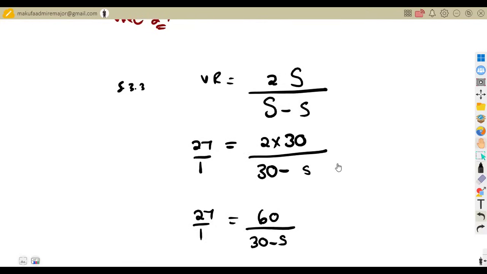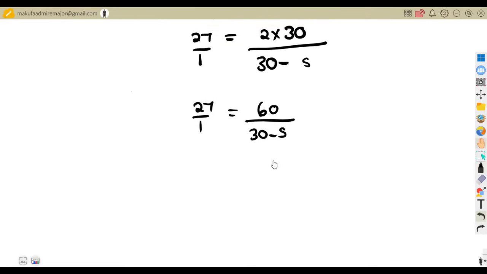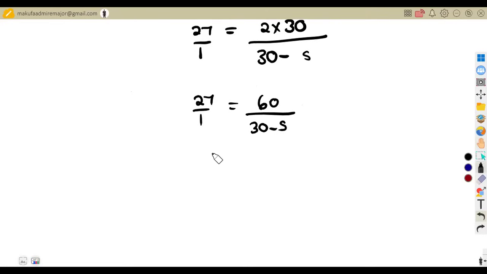So in order for us to calculate S, you're either going to cross multiply or make whatever you want the subject. If we cross multiply, we're going to have 27 into 30 minus S equal to 60. If you want to expand by 27, it's up to you guys. Expanding by 27 gives 810. So this is 810 minus 27S is equal to 60.